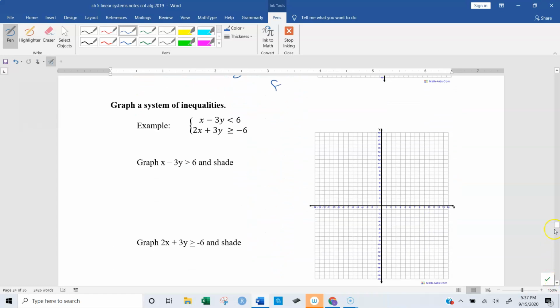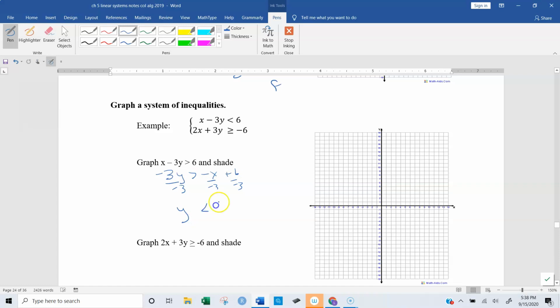Okay, systems of inequalities. So we're going to graph both lines. You're going to graph one line and shade, and then the second line and shade. Where they overlap is your answer. So let's look at this first one and let's solve for y. So -3y is greater than, let's subtract the x. Let's divide by our -3. Now remember, when you're dividing by -3, you have to flip this inequality.